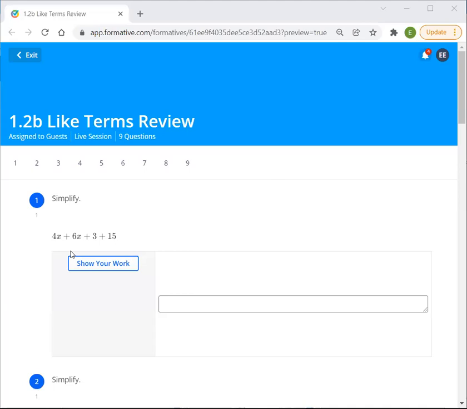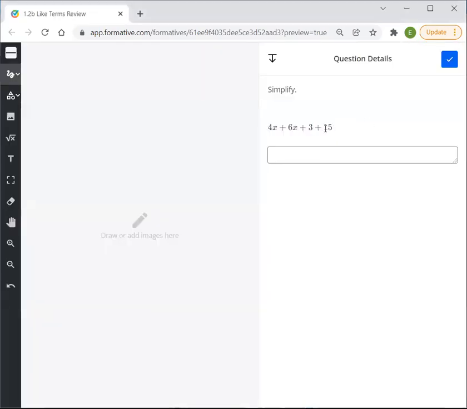So here we go. First question we have here is 4x plus 6x plus 3 plus 15. So go ahead and copy. I would copy and paste it personally, but up to you. And we want to combine our like terms.